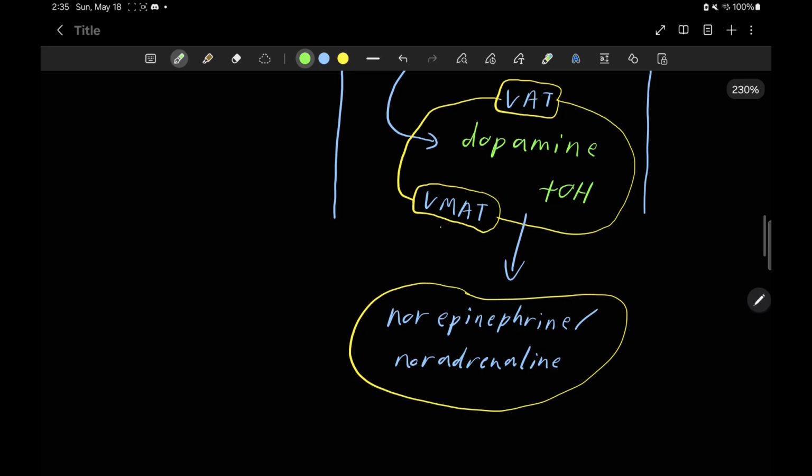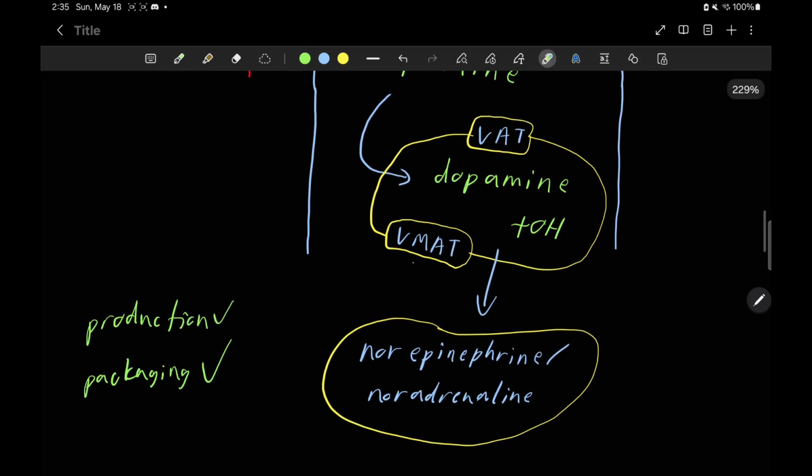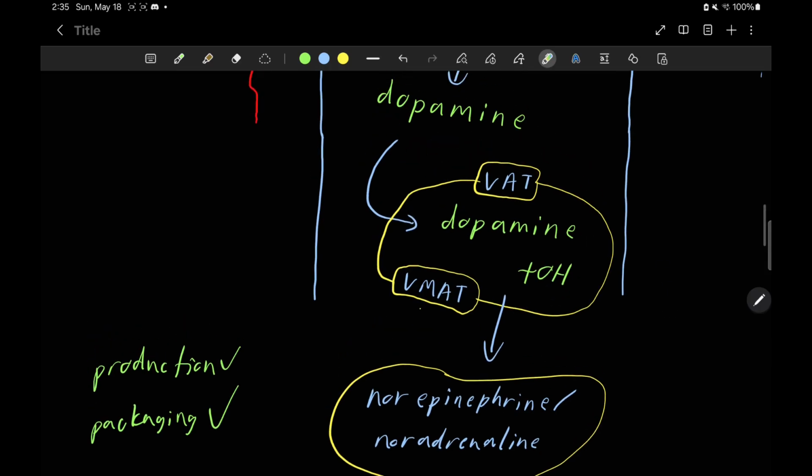And now we've produced norepinephrine or noradrenaline, but the cool thing is we haven't just produced it, we've also packaged it. Remember the first two steps of our signaling pathway? We have production and we have packaging. We've just covered both of these steps simultaneously because we've already packaged our dopamine inside our vesicle by transporting it into our vesicle with the help of our VMAT enzymes.